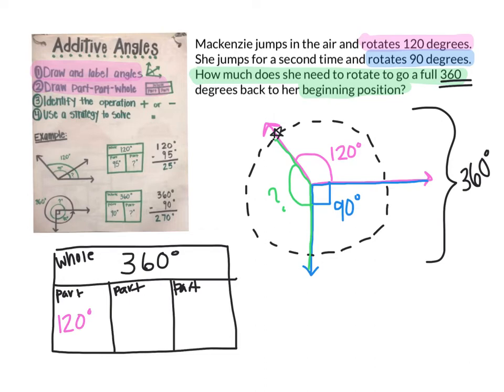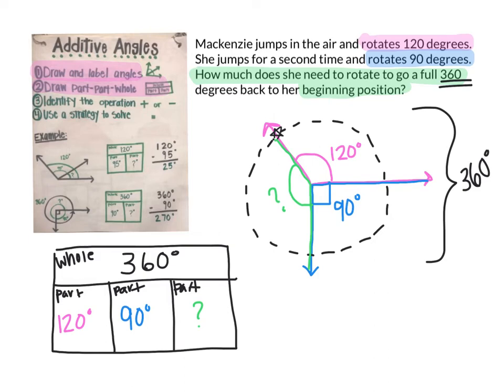We know that our second part or our second rotation is 90 degrees. And we also know that we've got a missing part, a part that we're solving for. I'm going to label that with a question mark.